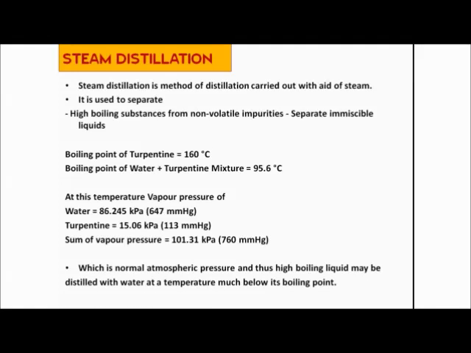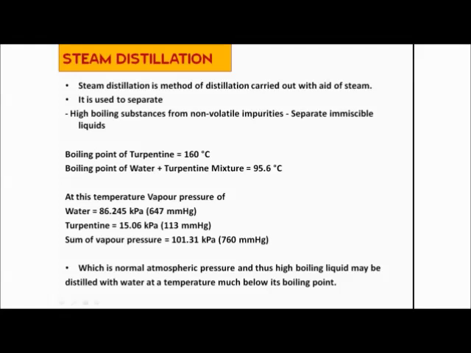As this is a high boiling liquid, to boil turpentine we need to give 160 degrees centigrade. But if we mix turpentine with water, the boiling point of the mixture comes down to 95. So to boil a liquid with a high boiling point, if we add distilled water, the boiling point of the mixture will come down.